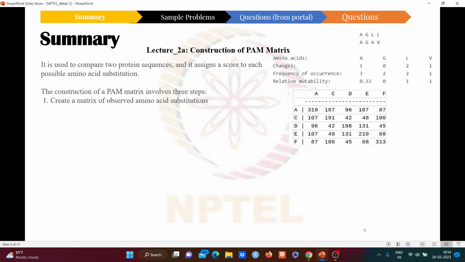So, the first step is to create a matrix of observed amino acid substitutions. The first step in creating a PAM matrix is to gather a large number of homologous protein sequences and identify the amino acid substitutions that have occurred in their evolution.